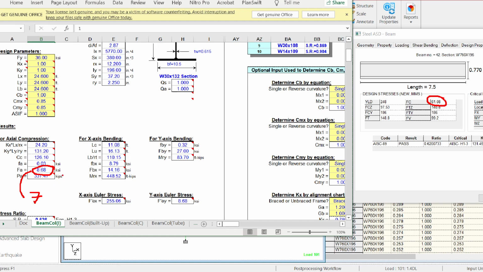To convert KSI to megapascal, di ba? 8.68 times 7. Oh, so that's about 60.76, which is almost equal dito sa ating actual compression capacity, allowable compressive strength.